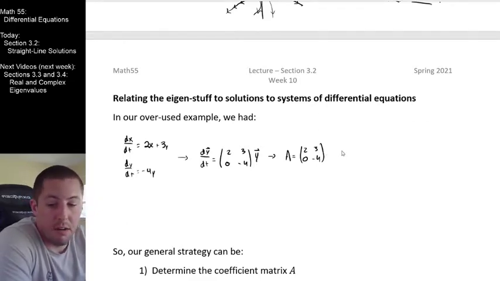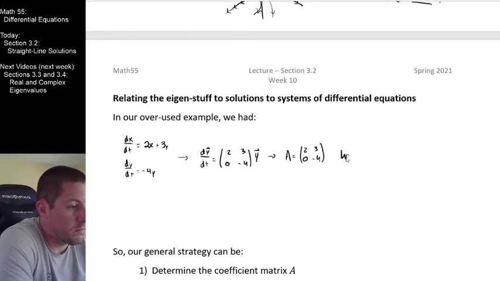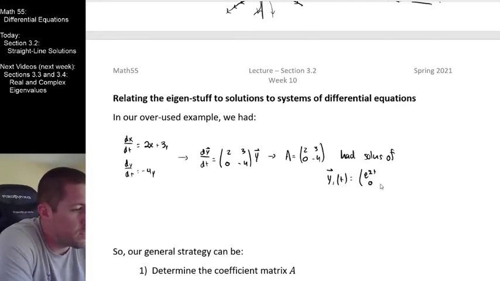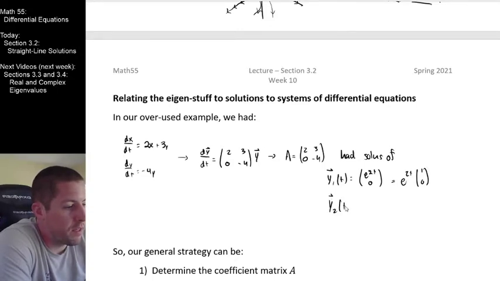It had solutions of y1 of t equal to e to the 2t times (1, 0), and y2 of t equal to (-e^(-4t), 2e^(-4t)), which, if we factored out that e to the negative 4t, gave us e^(-4t) times (-1, 2).